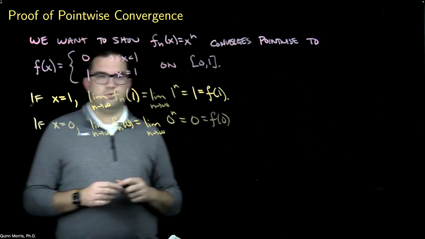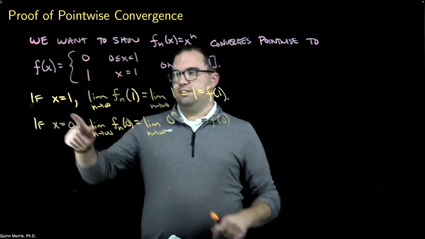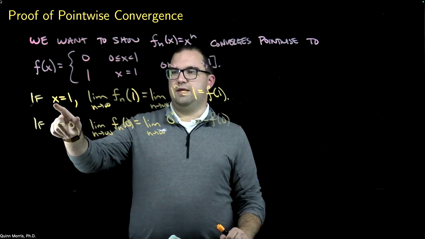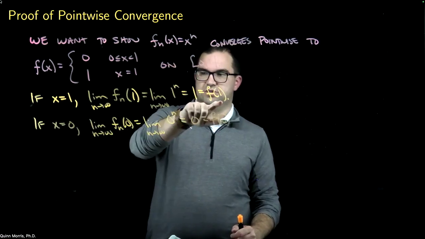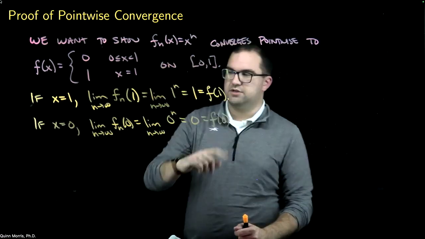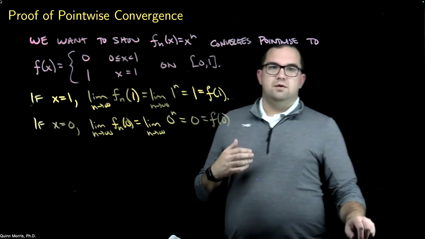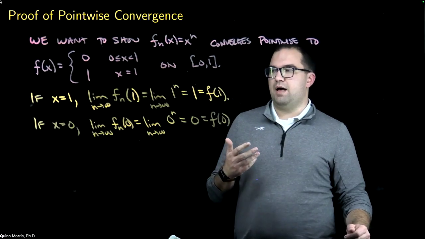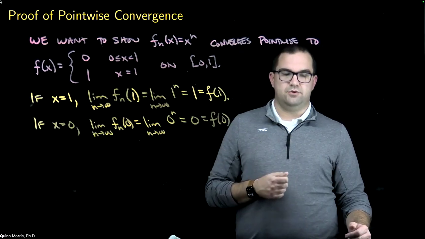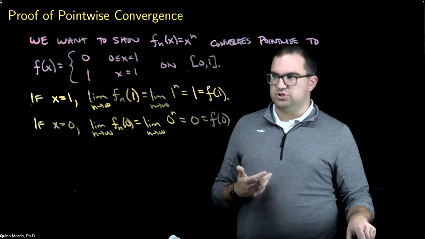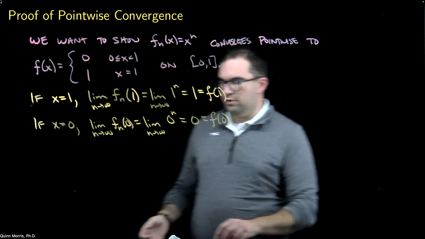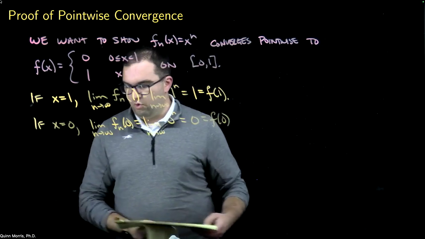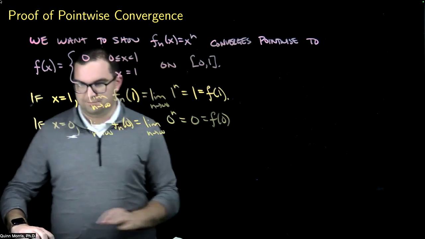So far we see that f sub n of 1 is converging to f of 1, and f sub n of 0 is converging to f of 0, but we can't complete this proof simply by writing out all the possible x values. At some point we've got to switch over and deal with these things more generally.